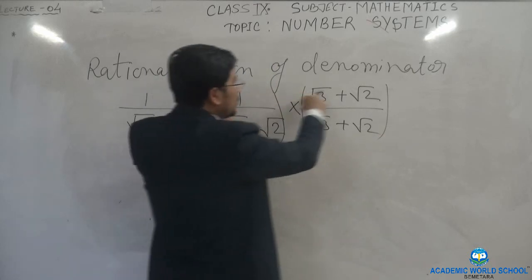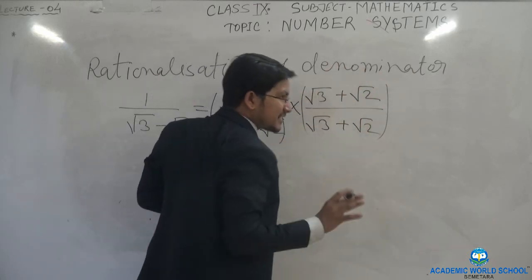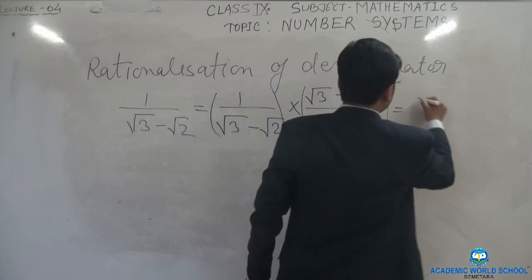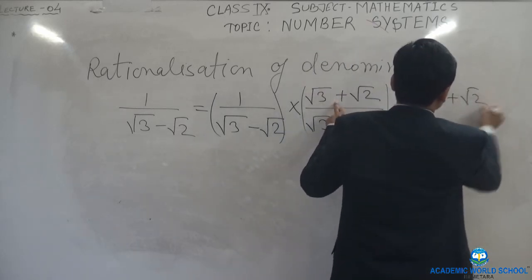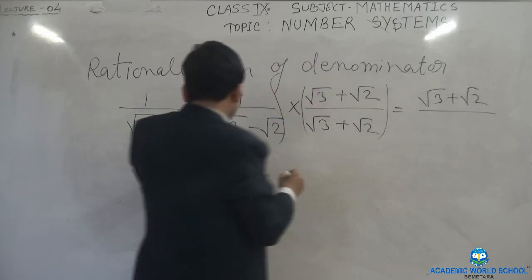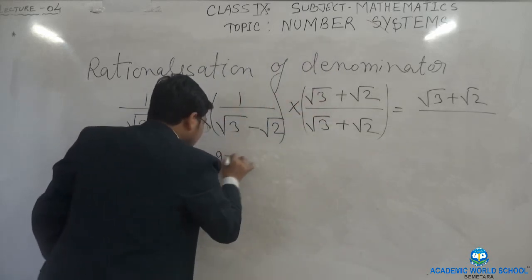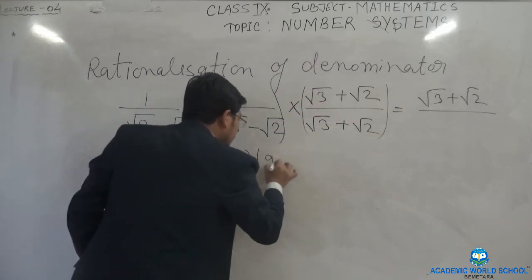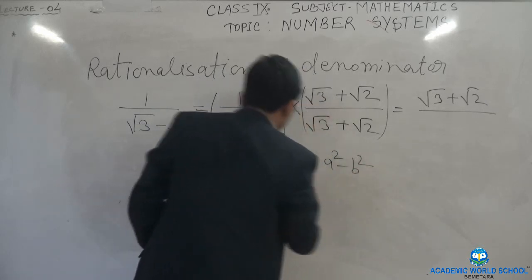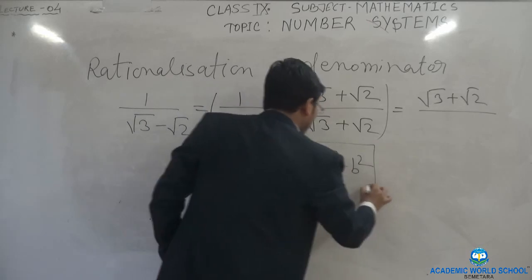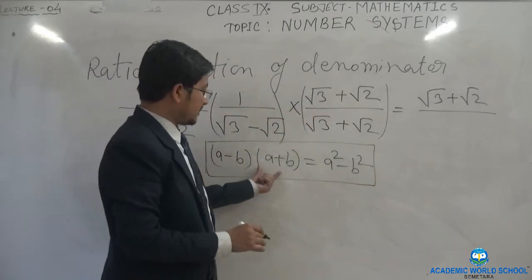So 1 into any number is equal to that number itself. So the numerator is root 3 plus root 2, and the denominator is a minus b into a plus b, which is equal to a square minus b square. Right, now we have learned this.